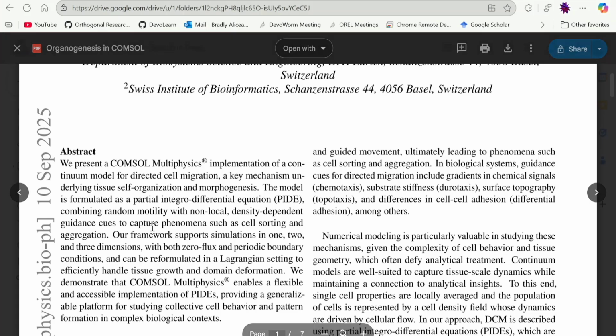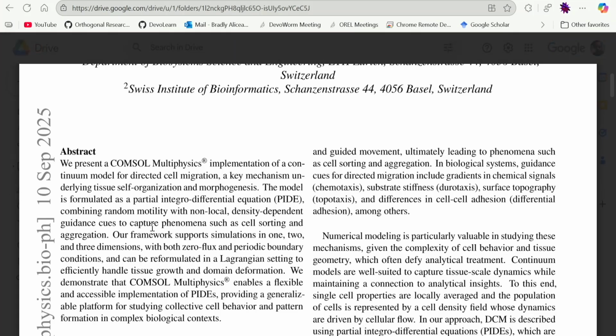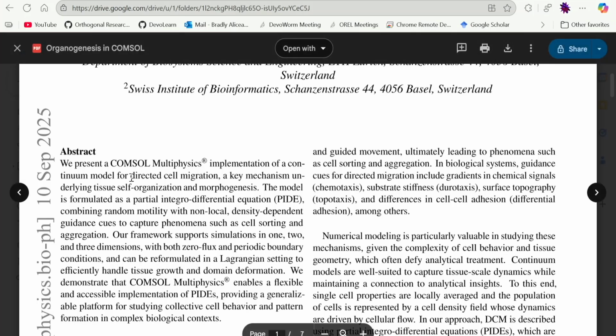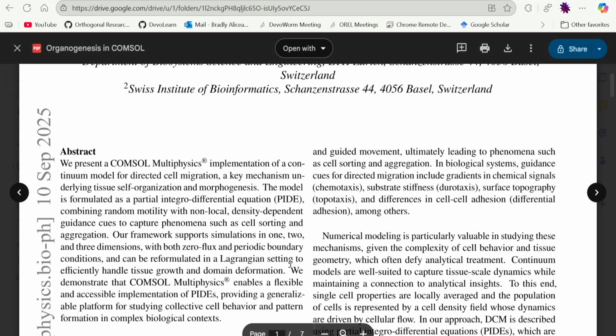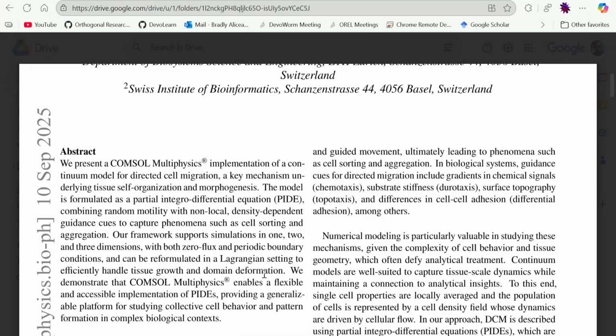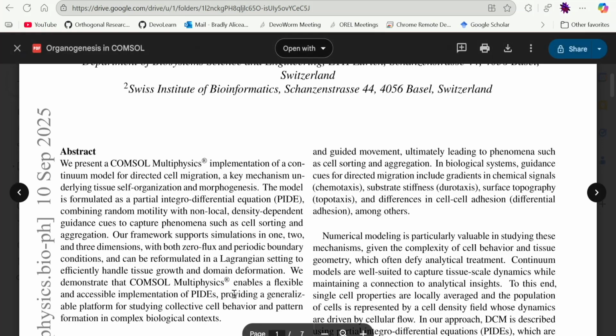So you have random movement, but you also have guidance cues, and it's sort of a mixture of the two. And you can handle this kind of differential equation. Then you can model things in up to 3 dimensions, and you can reformulate that mathematically into a Lagrangian, so you can deal with deformation and tissue growth. Okay, so that's kind of the idea here.